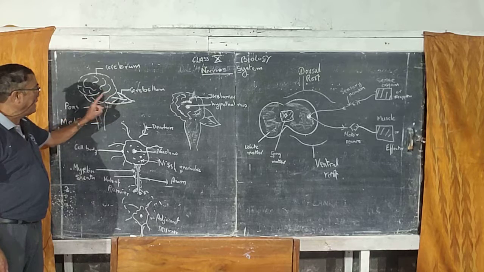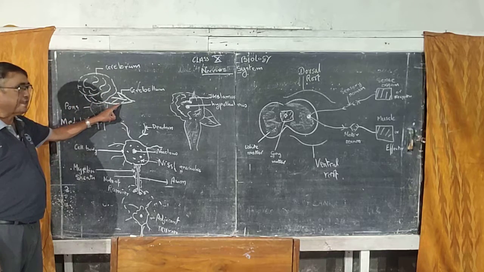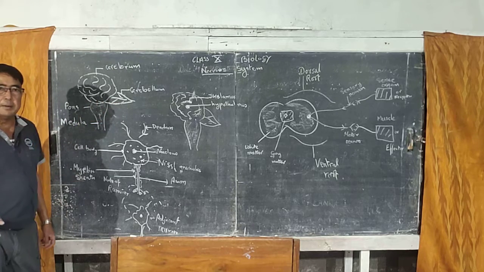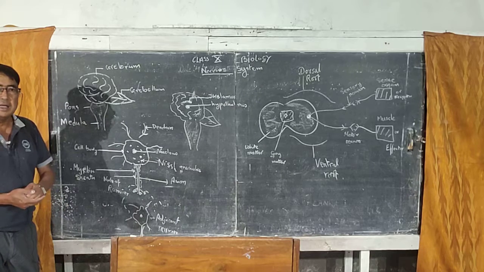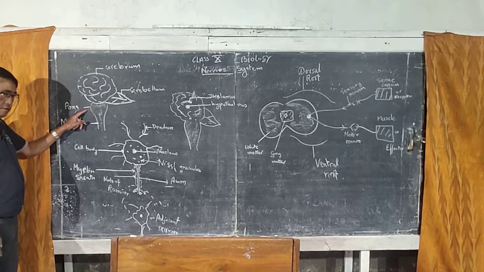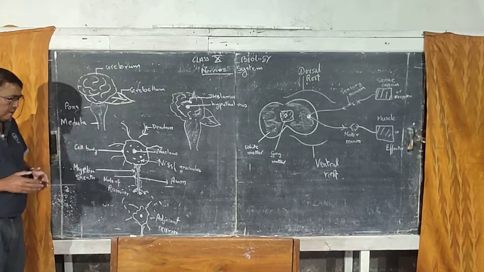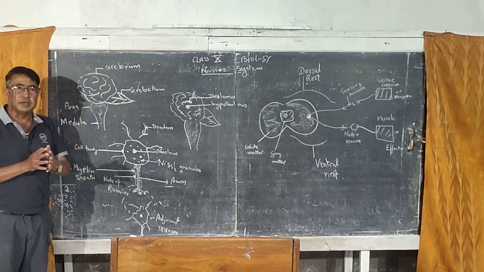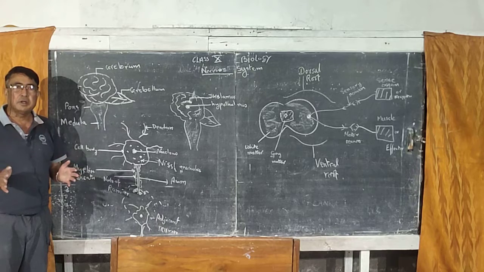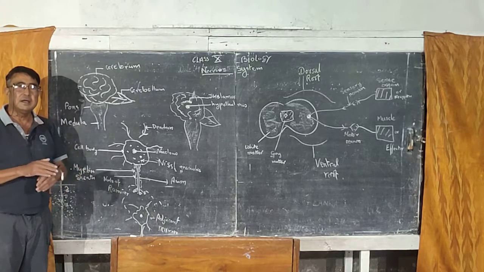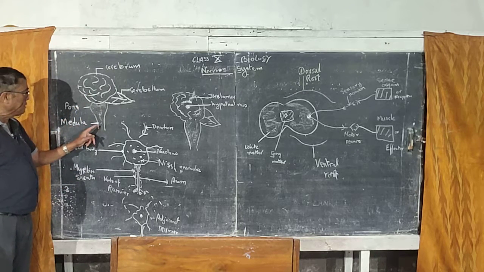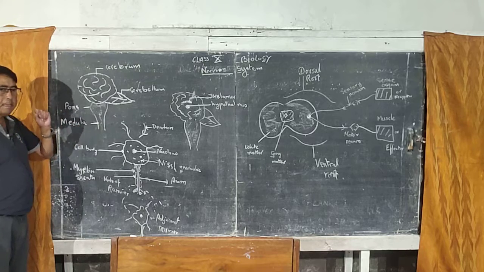Lying below and behind the cerebrum, you find the cerebellum. The main function of the cerebellum is to maintain the balance of our body. Now, in front, below, you find pons. These pons interconnect the two halves of the body and bring about coordination among the two halves of the muscles of our body. Below, the most posterior part of the brain is called medulla.